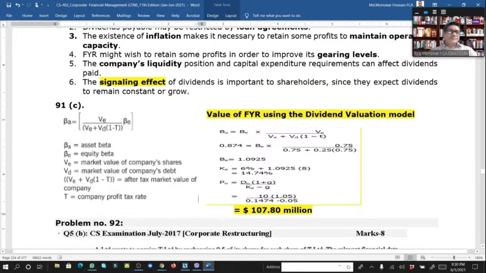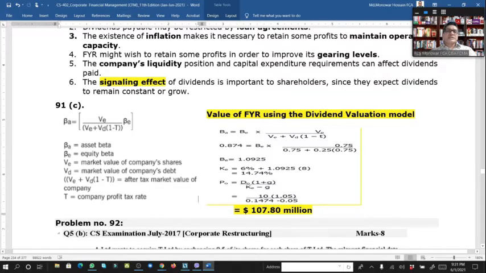So here calculate the asset beta, and here equity beta, beta E, market value of company's share, VE, market value of company's debt, VD, and market value of company's share plus debt adjustment with the tax, because here debt interest have to adjust with the tax.